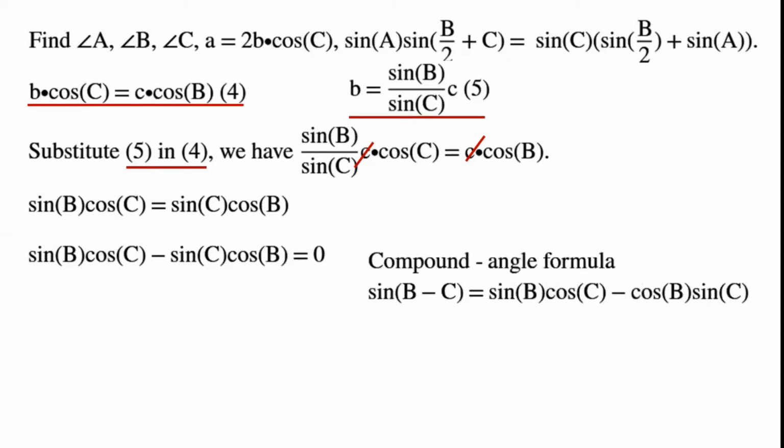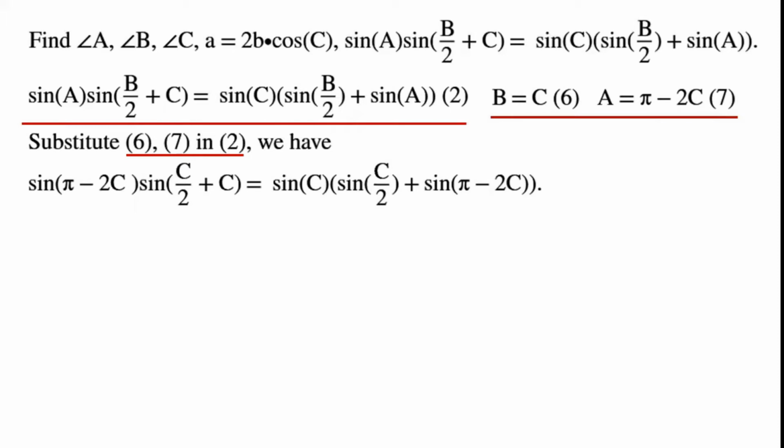Compound angle formula: sin(B − C) = sin B cos C − cos B sin C. So we can now write sin(B − C) = 0, which means B = C. A = π − 2C.